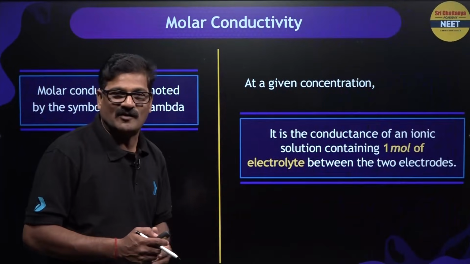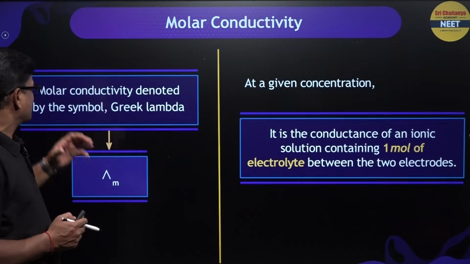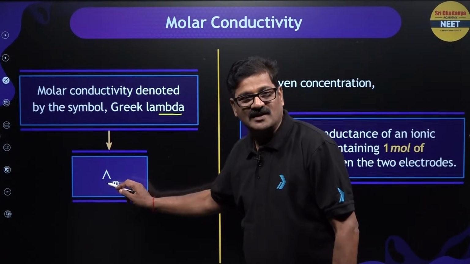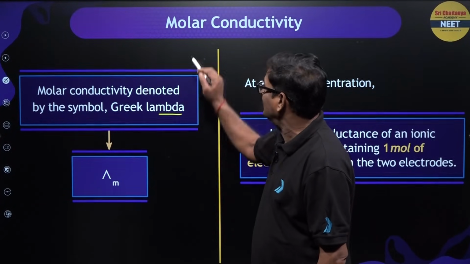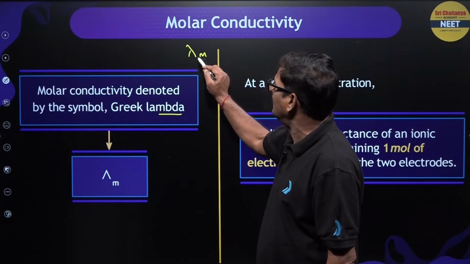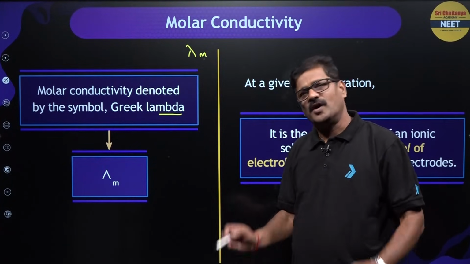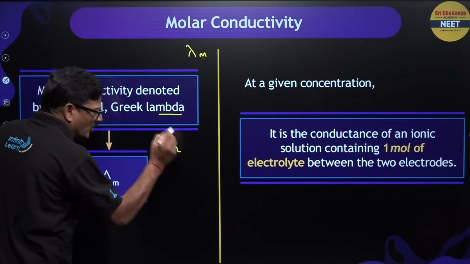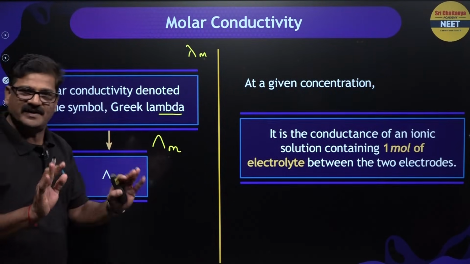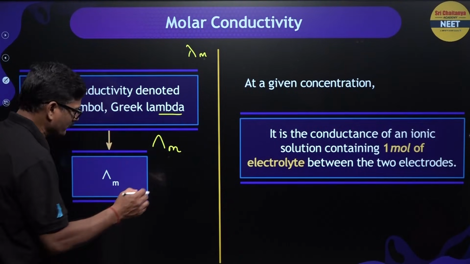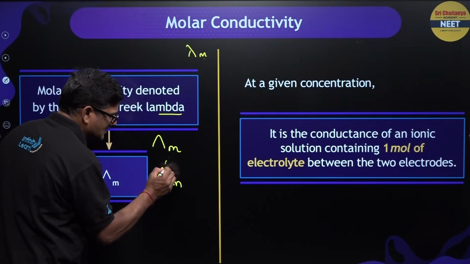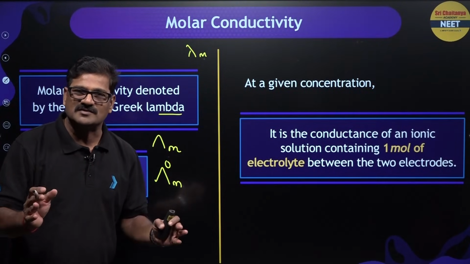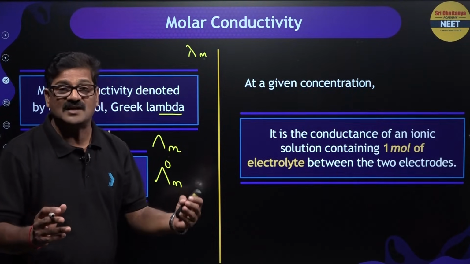So simply you take the concept of the molar conductivity here. The molar conductivity is denoted by the symbol lambda, capital Greek. Another term is ionic mobility. You have two terminologies again. This is molar conductivity at a specific defined molarity or concentration, and when the concentration decreases and almost reaches 0, that is called infinite dilution.